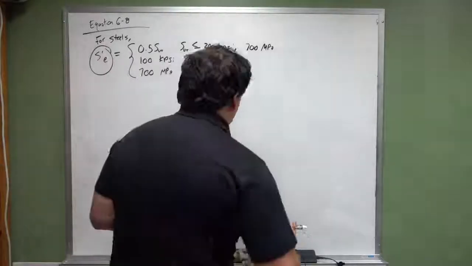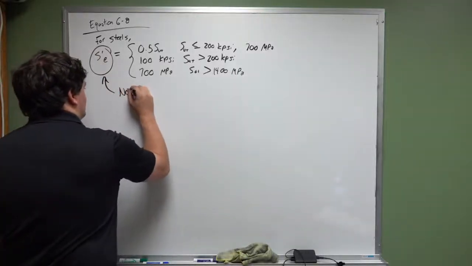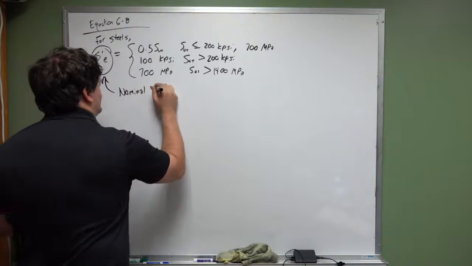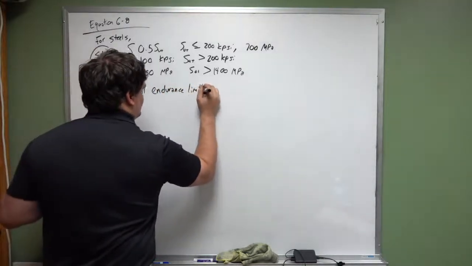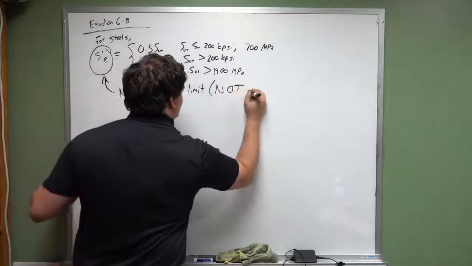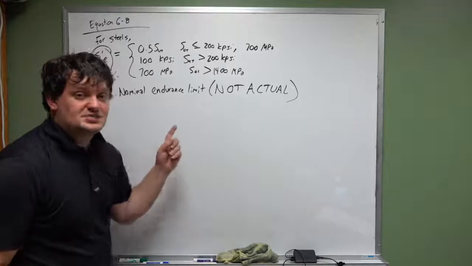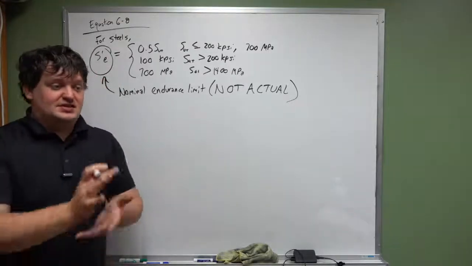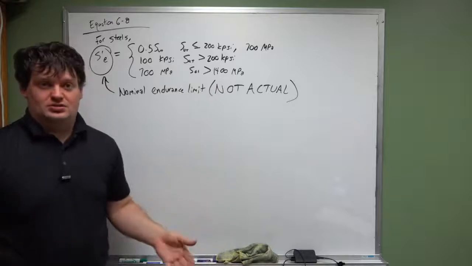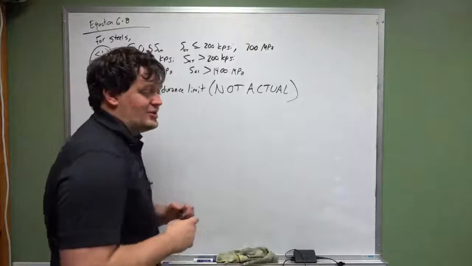All right? So this is a nominal endurance limit. Not actual, because again, this does not depend on loading at all. This is just an estimate. It's a number that somebody threw out there. Okay? So, we now know this.